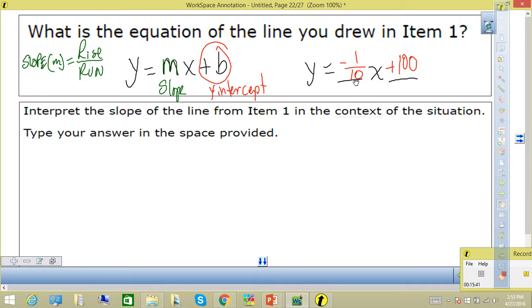So every 10 kilograms that they gain, they reduce their pulse rate by how much? By 1 beat. Does that make sense? All right. So look at the last question. Interpret the slope of the line for item 1 in context of the situation. So we already did that, and we're done. Let's go to the next situation.